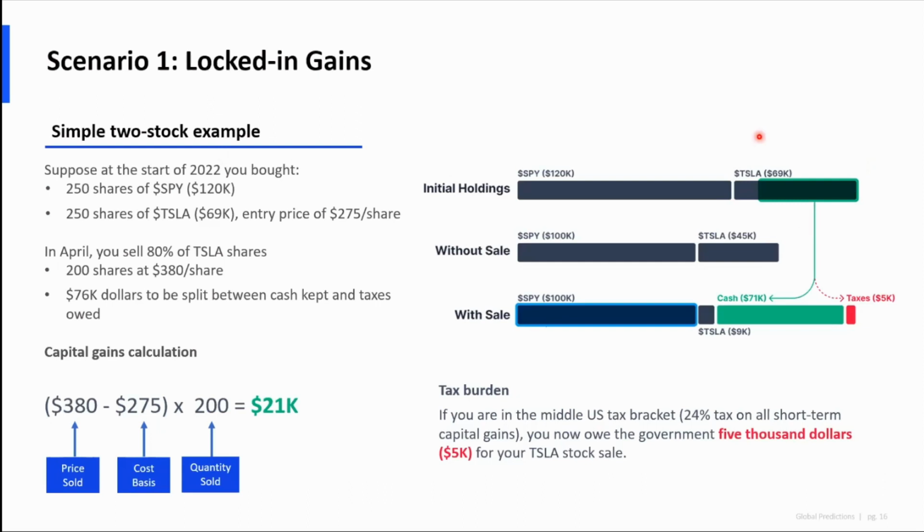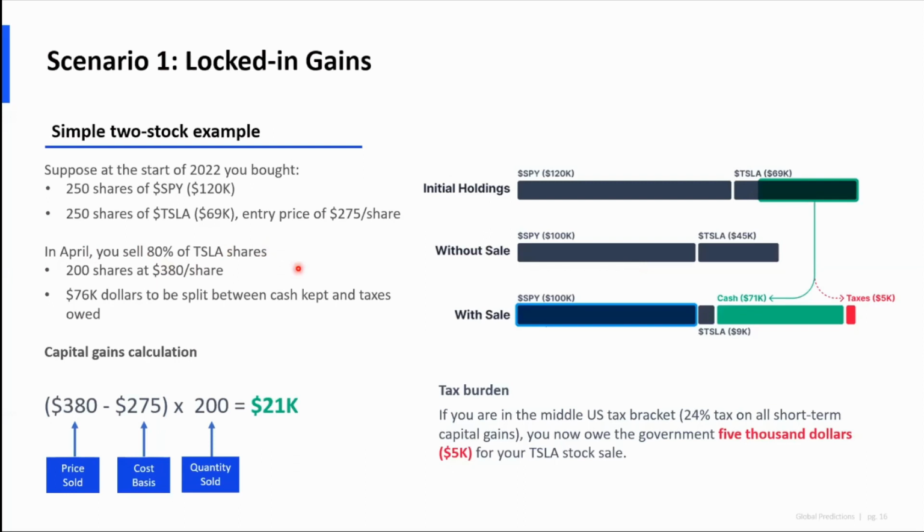Now, if you had done nothing over the course of the year, no sales, no nothing, unfortunately, the markets have been down, so you wind up with 100K of SPY and 45K of Tesla. Now, if you had made a trade very savvily, for instance, when Elon was talking about buying Twitter, and you thought, well, maybe Tesla's going to go down because he's going to have to sell a bunch of his shares, and let's say in April you sold 80% of those shares.